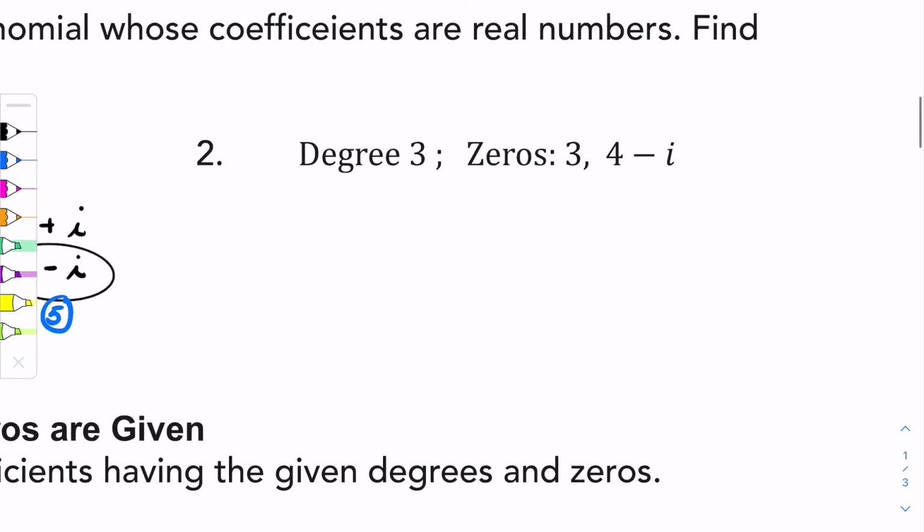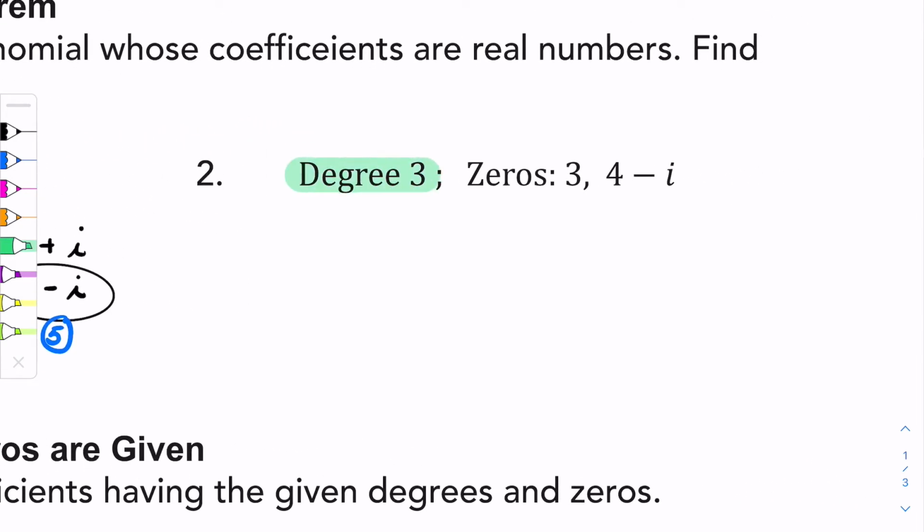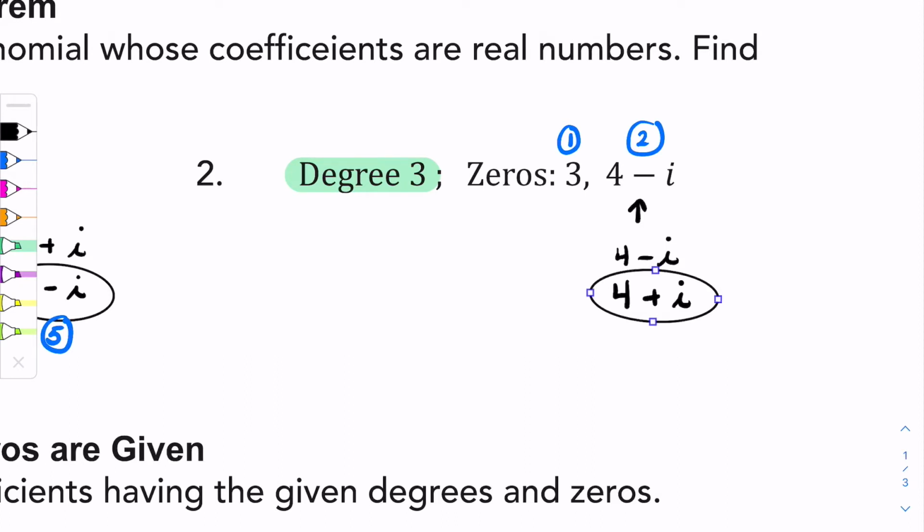Number 2, the degree is 3. That means we'll have most likely 3 zeros, but we definitely won't have more than that. Here we see 1 zero. This is the second 0. The second 0 is 4 minus i, so its conjugate pair would be 4 plus i. There's your third 0.